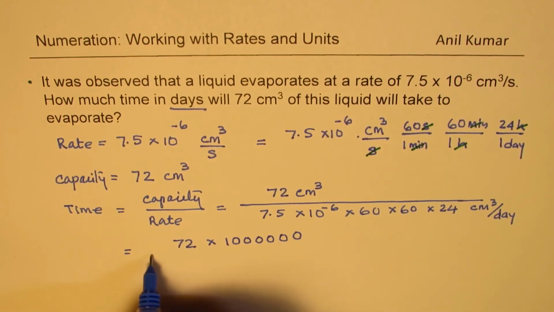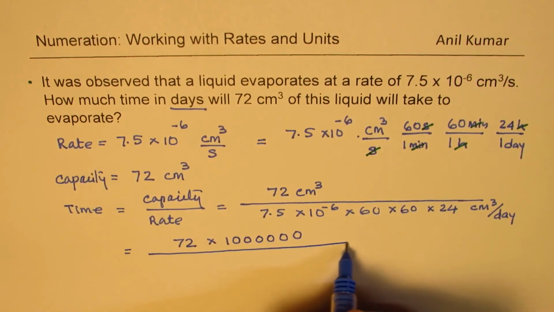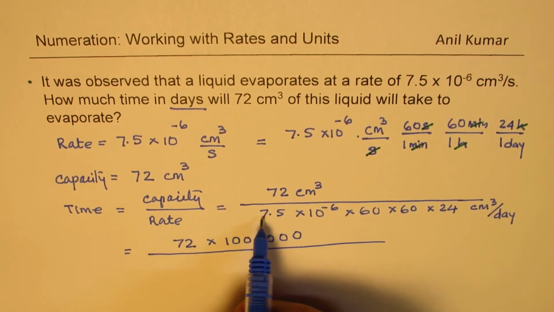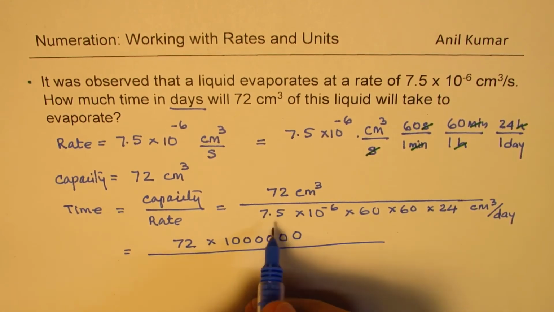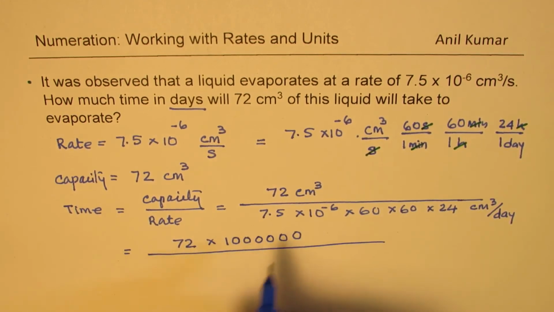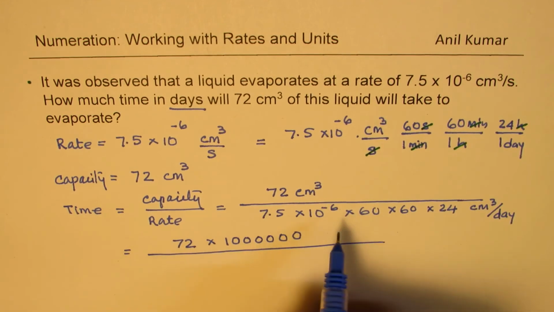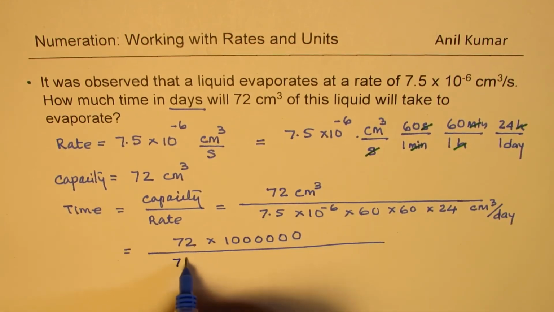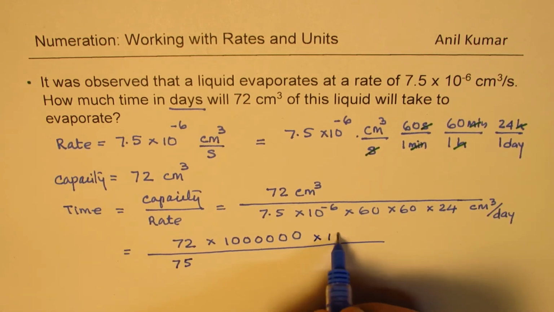Now here, 7.5 can be written as 75 over 10, so I'll multiply this by 10 more.